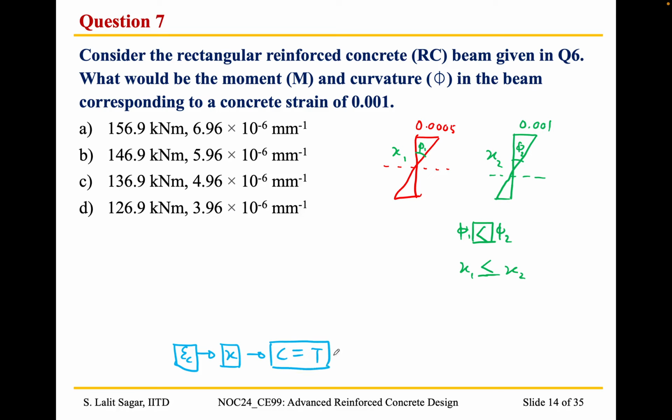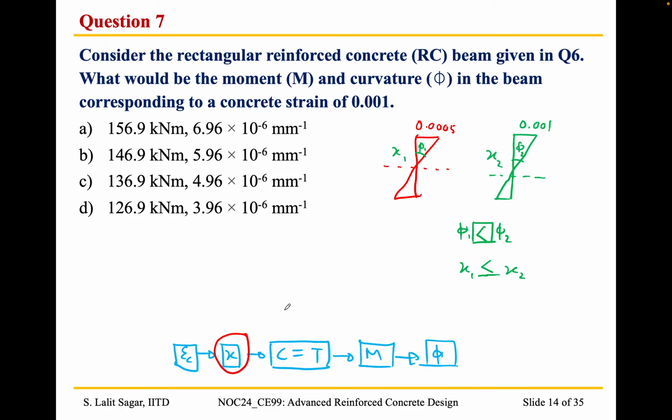After this find out the value of moment. Moment is nothing but compressive or tensile force multiplied by the lever arm. Then find out the value of curvature. It is a simple 5-step process, but this becomes the most important aspect.